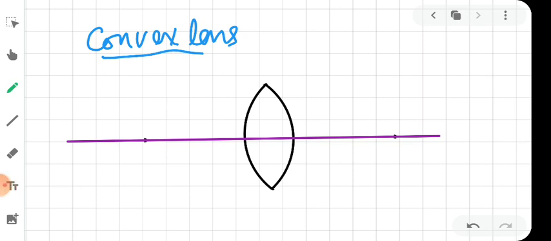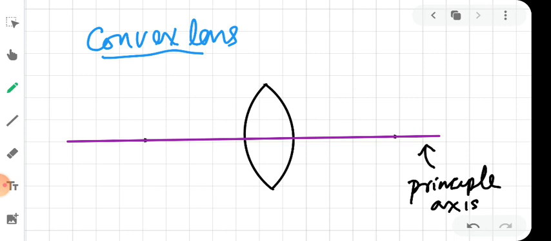Let me just name a few things. The purple line you see here is called the principal axis. It's an infinite line.